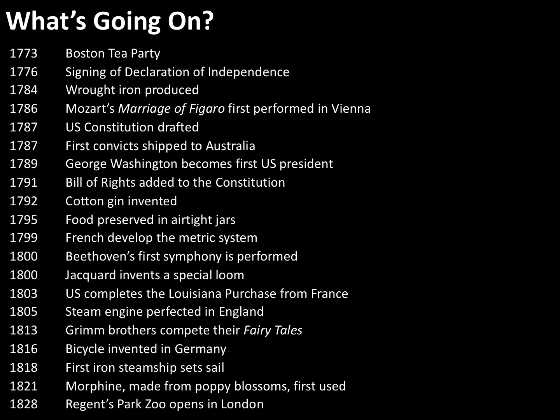We have the first English convicts being shipped to Australia. We have the cotton gin invented and food preservation improved. Beethoven is writing his first symphony. The bicycle was invented. The Grimm brothers are writing fairy tales, right? So we have a lot of really important things going on here.